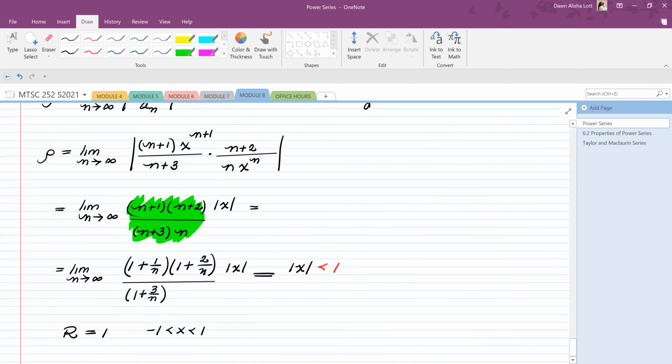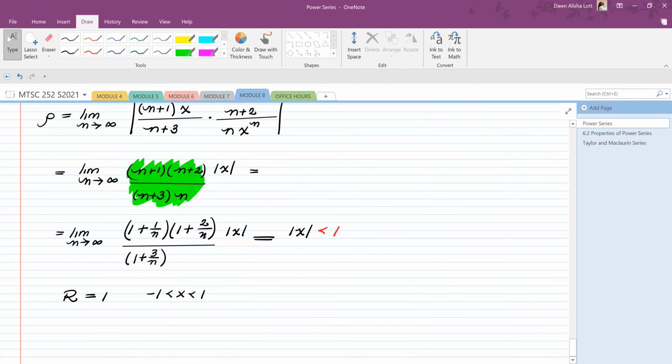Wait, I'm sorry. How did you find 1 for R? Oh, because whenever you get the absolute value of x minus a, whatever you get at the end, that is R, whatever that number comes out to be. So if I had gotten the absolute value of x over 3 was less than 1, then I would have said the absolute value of x is less than 3, and I would have said that R is equal to 3.